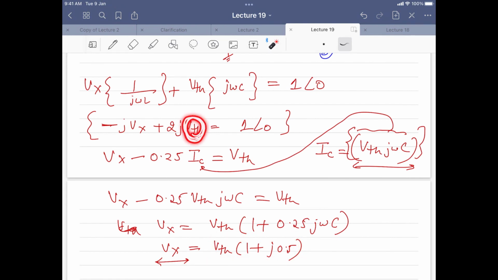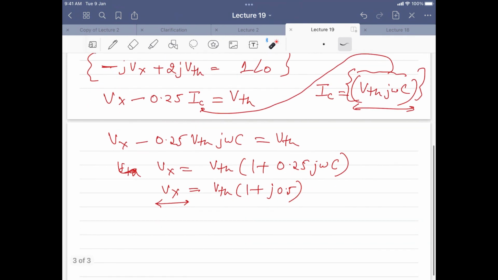If you solve this, you will get VTH as 0.894 angle minus 63.43. This is the answer.